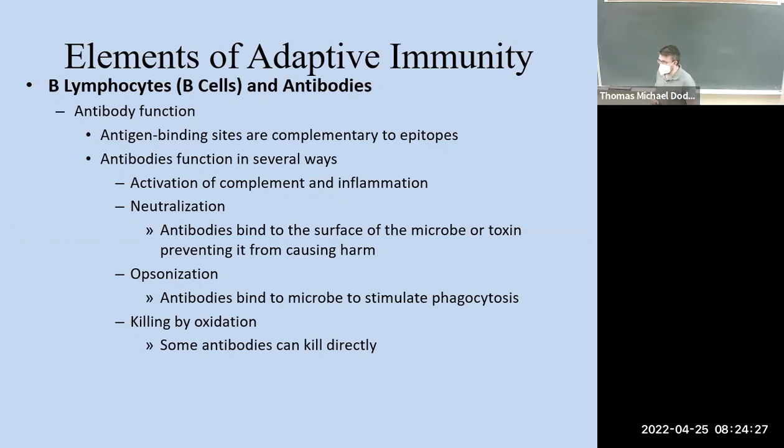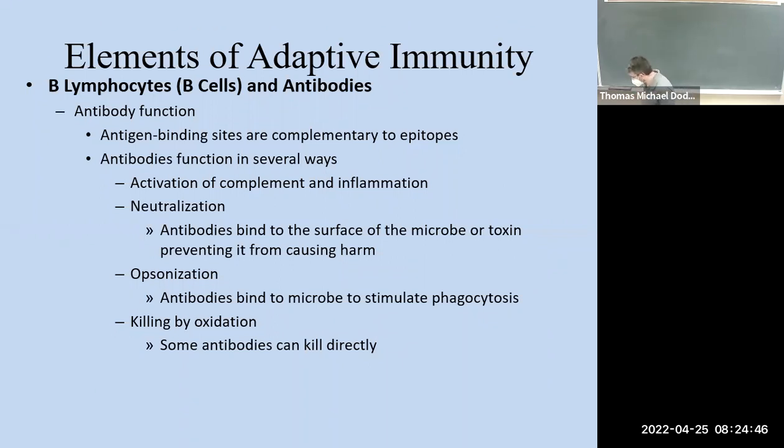The same thing happens with your B cells. You have neutralization, where it binds and prevents the pathogen from doing anything to you. Opsonization, where these B cells bind and cause phagocytosis to occur.